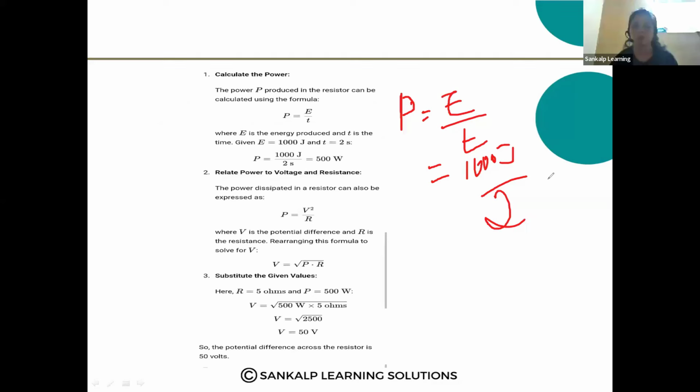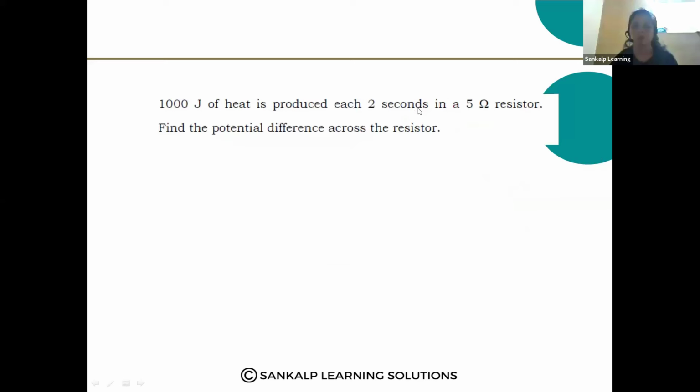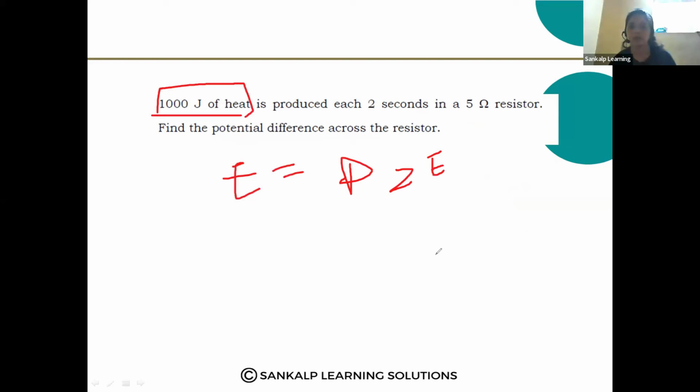Sorry, here in this given data, 1000 joule means that is energy, that is E. So we have to apply the formula P is equal to E by T. E is 1000 joule and time is 2 seconds.